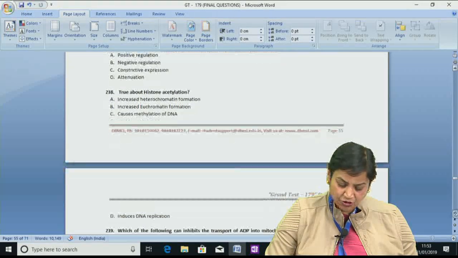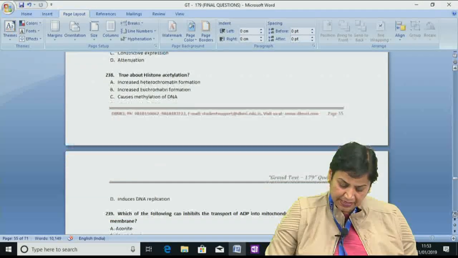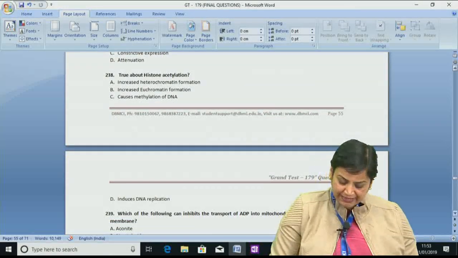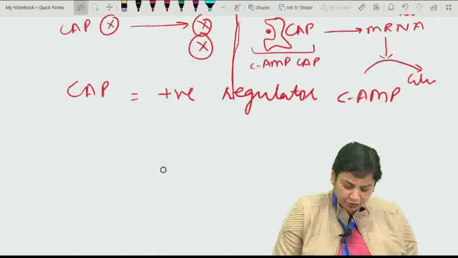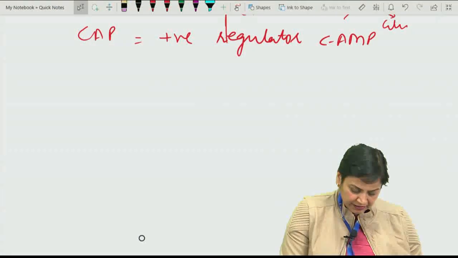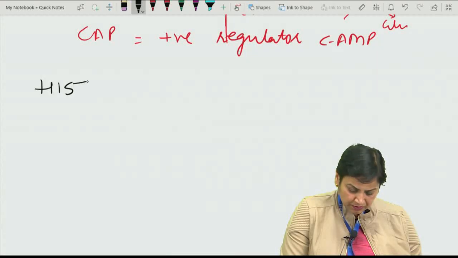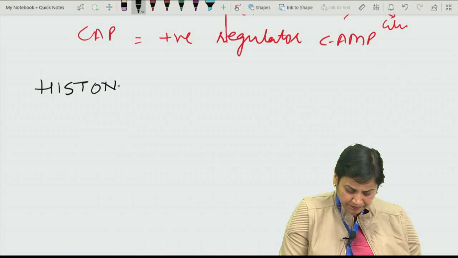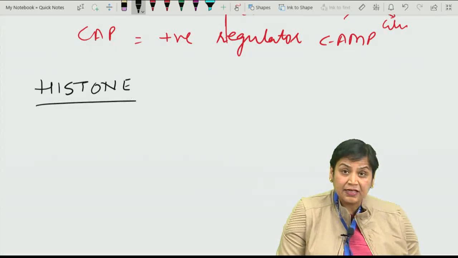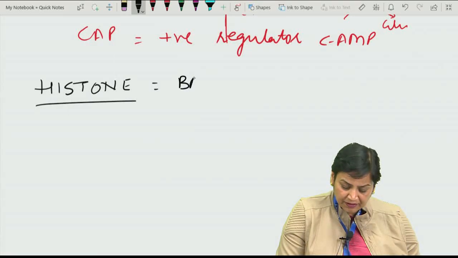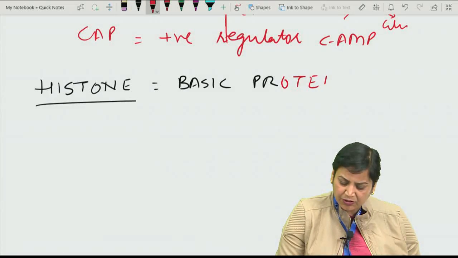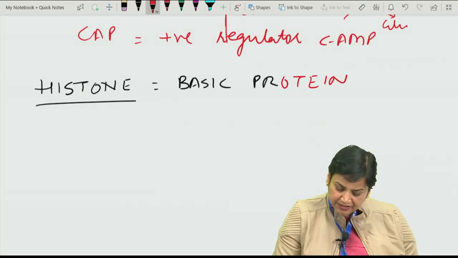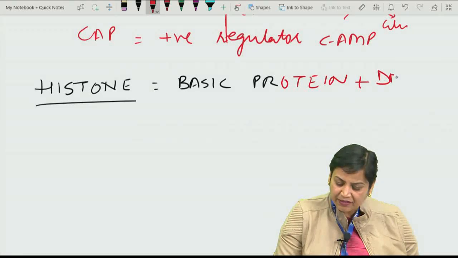Then the next question is which is true about histone acetylation. Now see, basically histone is a basic protein which combines with DNA.